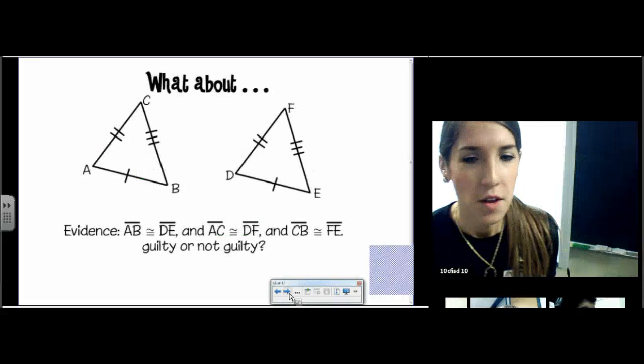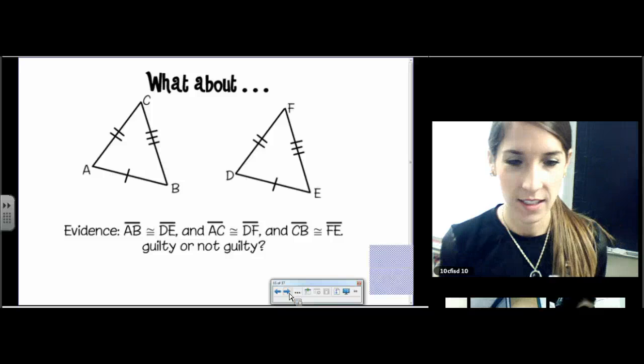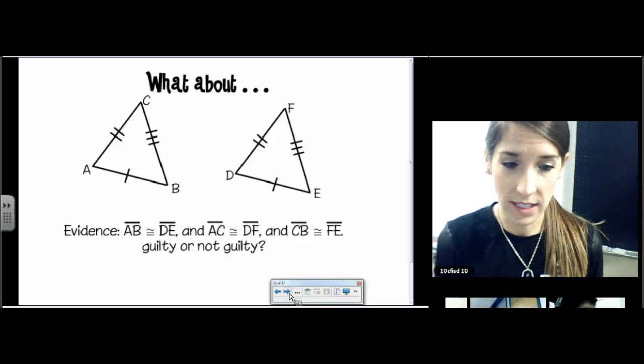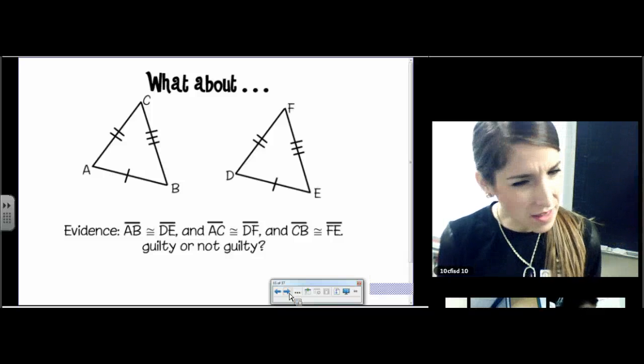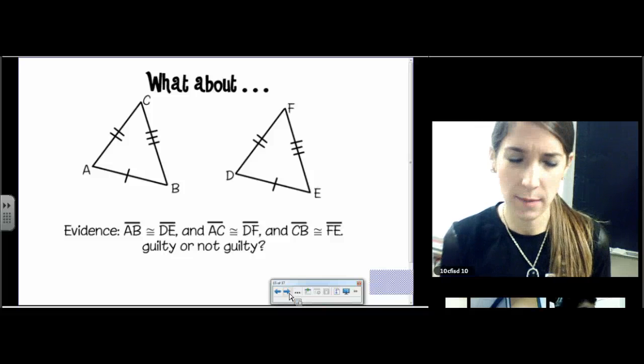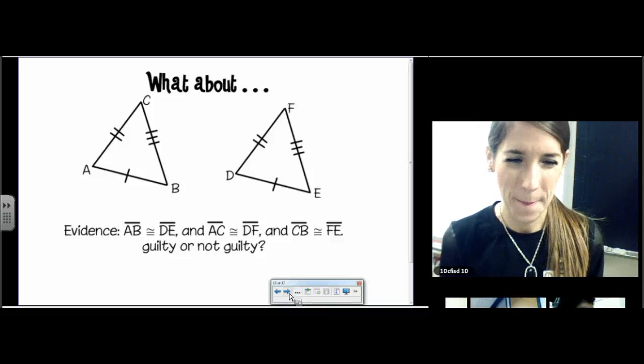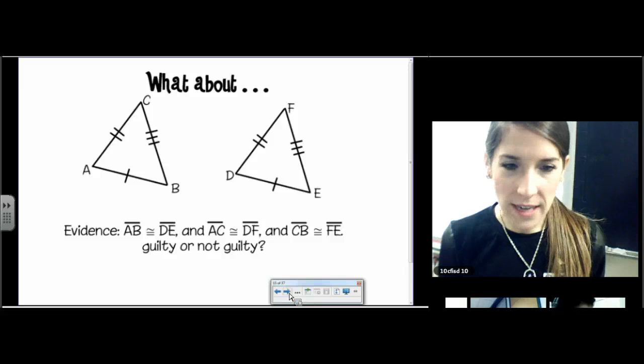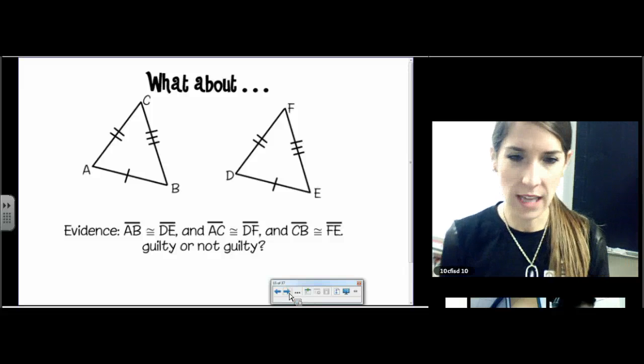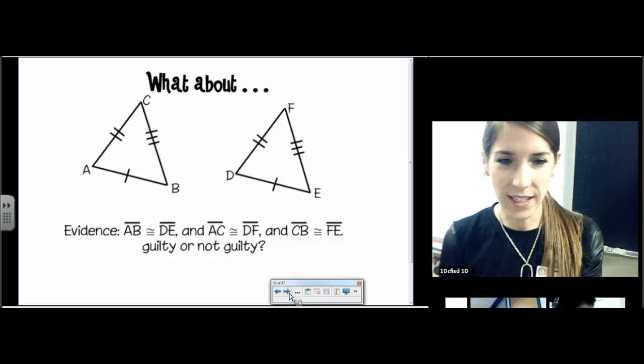What about 3 sides? No angles, just 3 sides. Is it enough? Do we need those angles? Remember, we're trying to do the least amount of work possible. If all 3 sides are congruent to their corresponding sides, do the angles have any choice? Do they have anywhere to go?